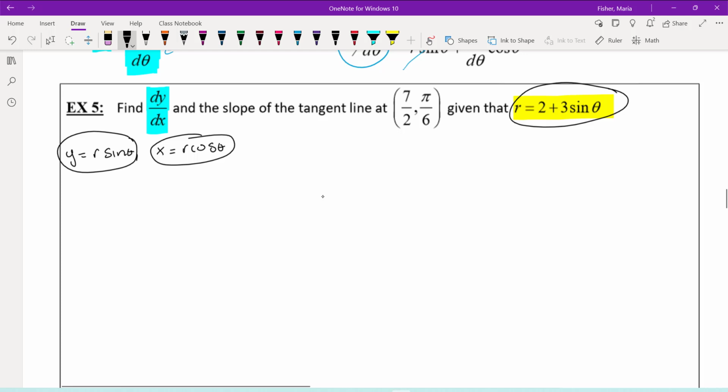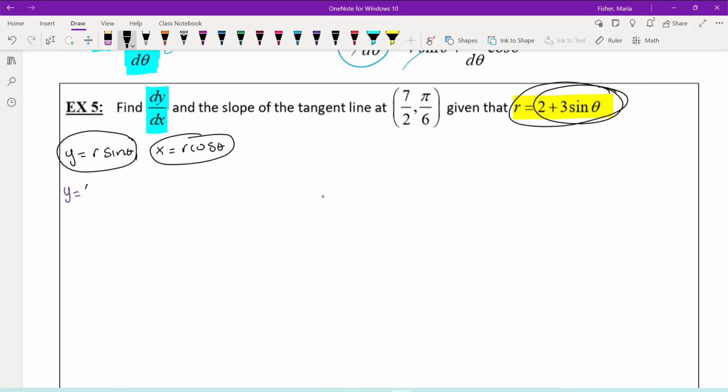Let's start with y. So we know that y is going to equal r, which is 2 plus 3 sine of theta, times the sine of theta. Now I have to take the derivative of this. Since I have to take the derivative, I'm going to distribute first.